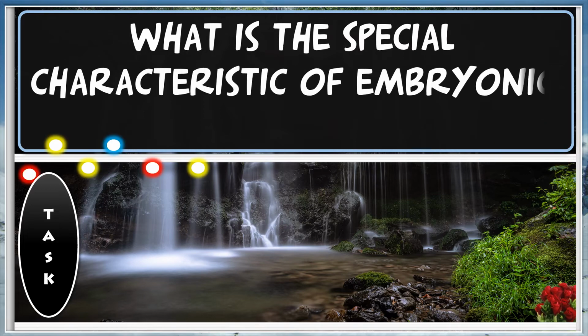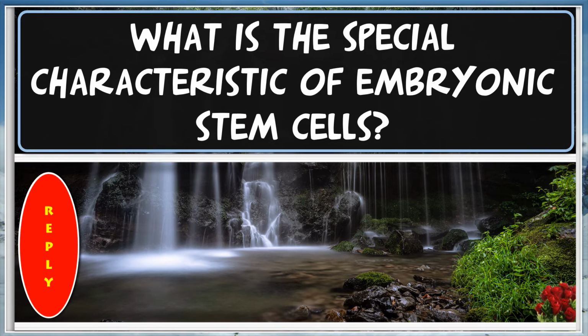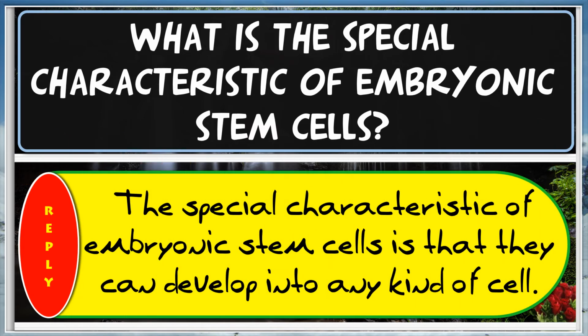What is the special characteristic of embryonic stem cells? The special characteristic of embryonic stem cells is that they can develop into any kind of cell.